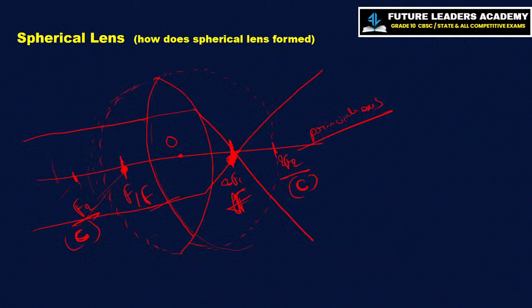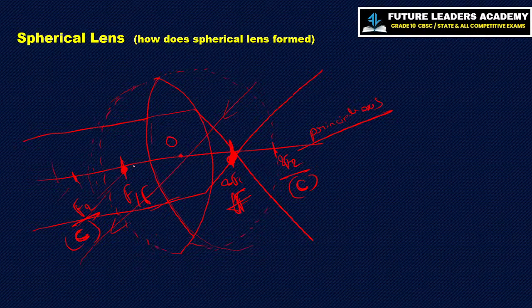Then if the light rays pass directly from the optical center, it will go straight, it does not come back. Because as you know from the curvature, it follows the same path, or reverts back in the same path, we have learned.